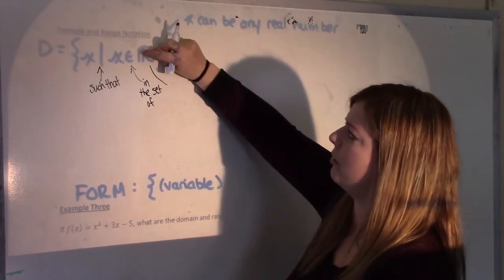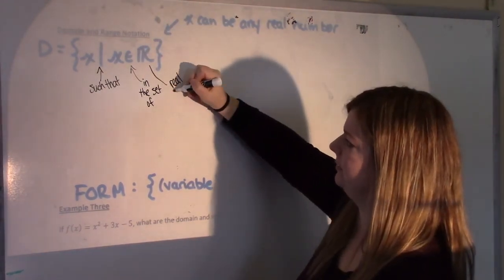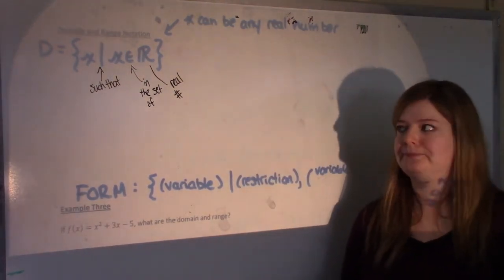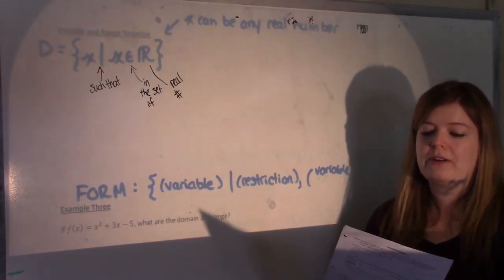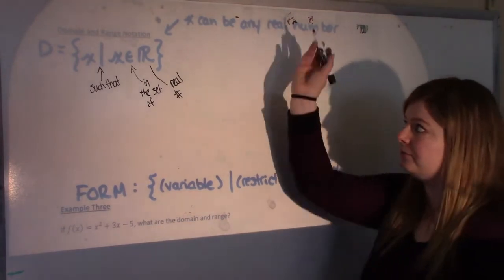And this R with the two lines there means real numbers. So that means that the domain can be any real number. Okay? So what if we wanted to restrict the domain though? So what if we wanted to say that the domain is only anything greater than or equal to 0?